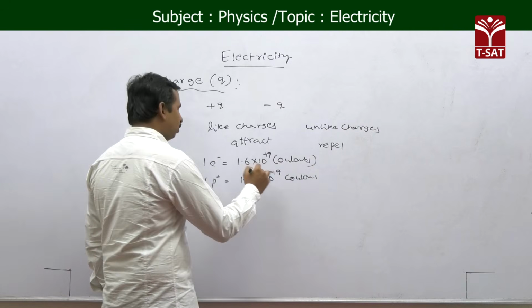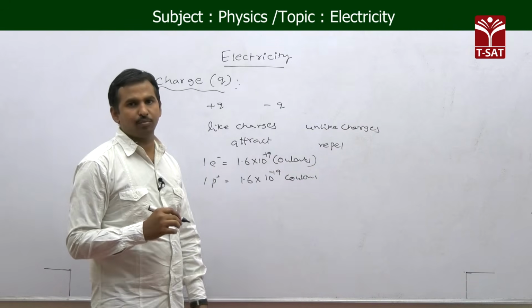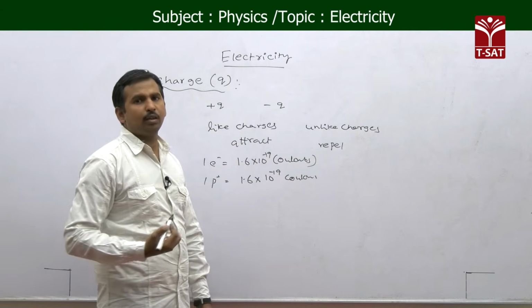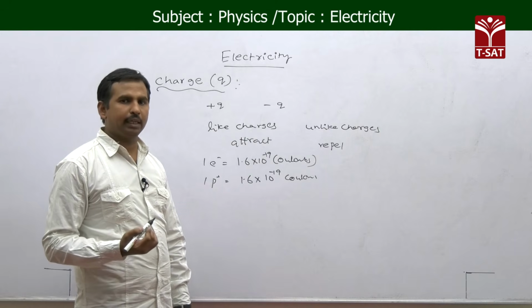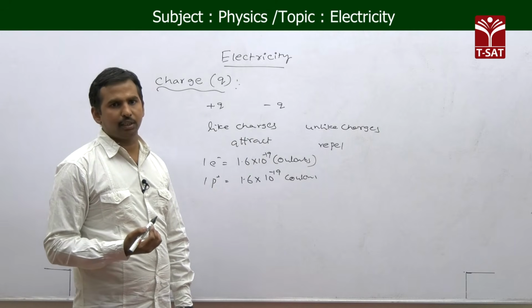This is negative, this is positive, plus Q and minus Q. So unlike charges attract each other and like charges repel each other.